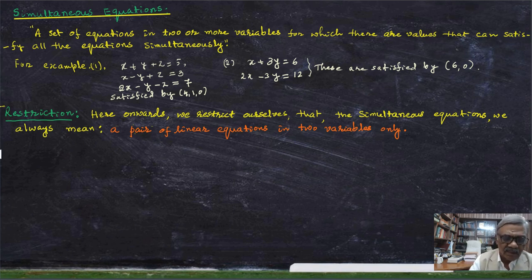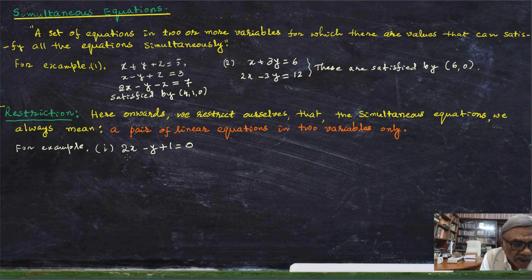For example, 2x minus y plus 1 equal to 0, and 5x minus 3y plus 7 equal to 0. These are two simultaneous equations in two variables and are of degree 1 only, and hence it is a pair of linear equations in two variables.